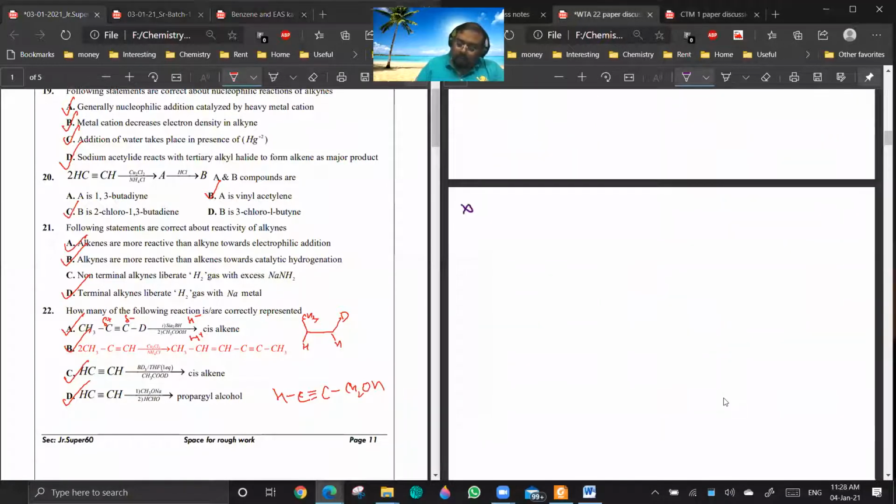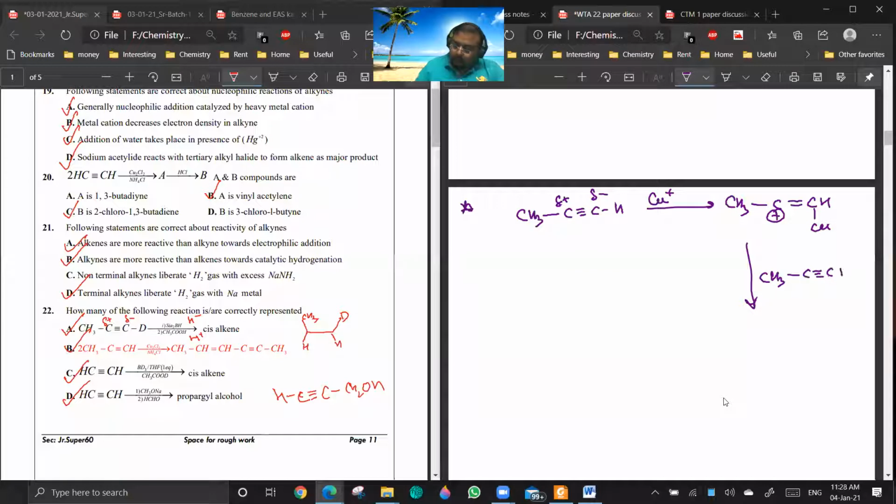So you want me to write the mechanism? It will be something like this. You have Cu plus, this is delta plus, delta minus. So you'll be getting CH3 C double bond CH Cu plus. This will be attacking another CH3 C triple bond CH.